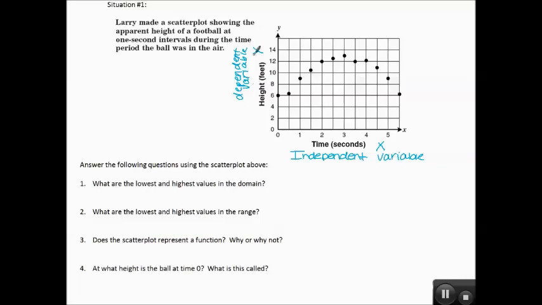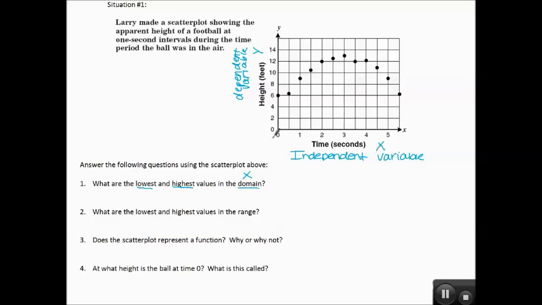So now let's answer some questions based on this graph. What are the lowest and highest values in the domain? So let's recall back, our domain is our x. So here is my domain. Let's look at the lowest value and highest value in the domain.